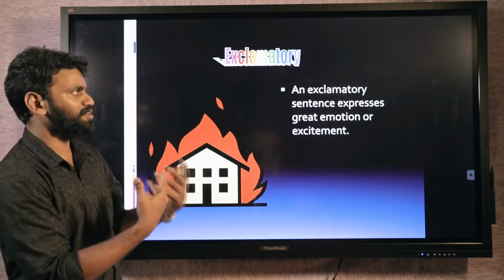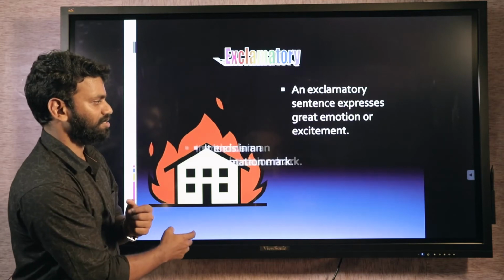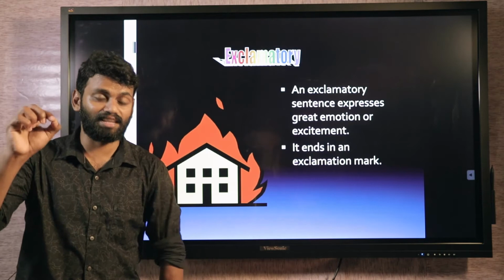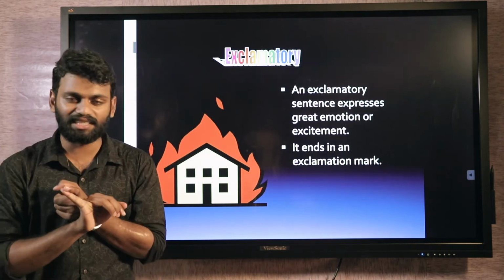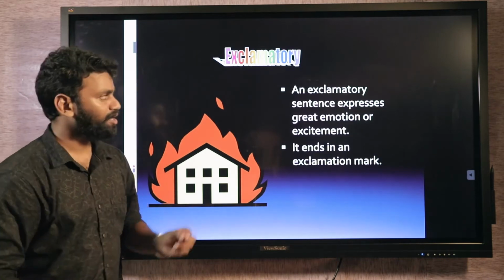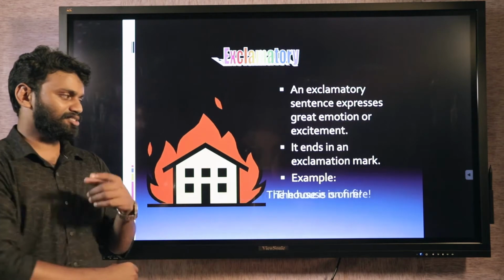So all the sentences we use to express these emotions are called exclamatory sentences. Okay, now be sure they end with an exclamation mark. We found that declarative sentence and imperative sentences end with full stop, but here exclamatory sentence ends with an exclamation mark.